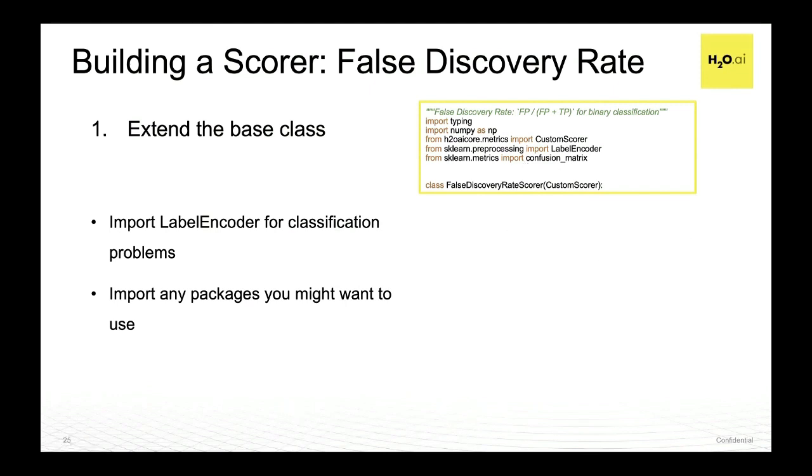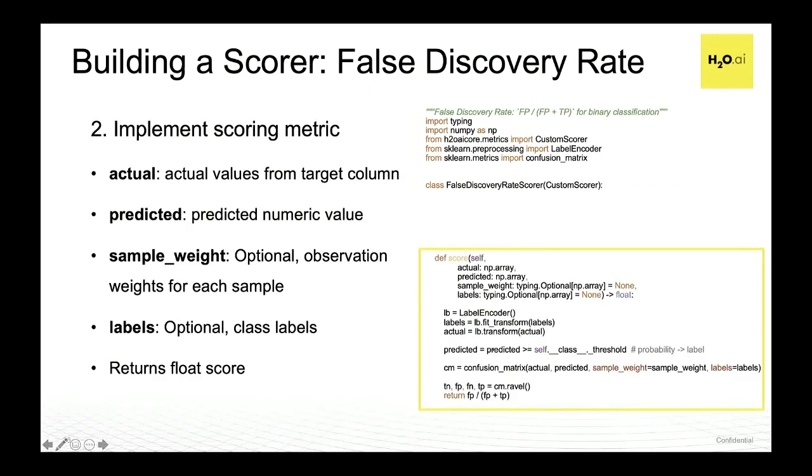All right, the next and main thing we do for a score is actually write the score. The scoring function has 4 inputs. First is an array of actual values for our target column. This is whatever the value actually is, and it is going to be text if your raw data is text. The predicted value is going to be a numeric value.